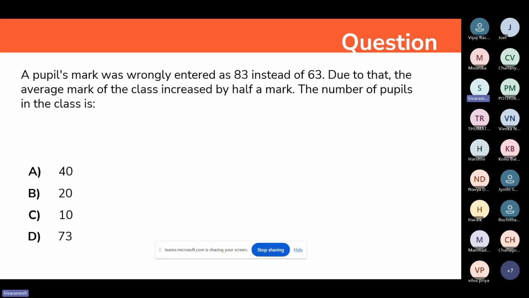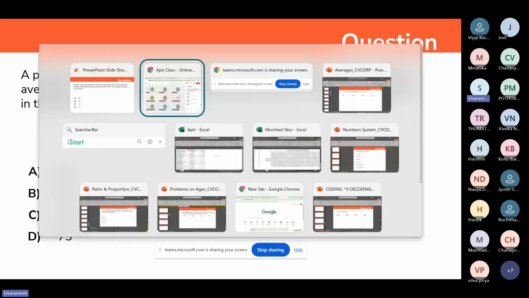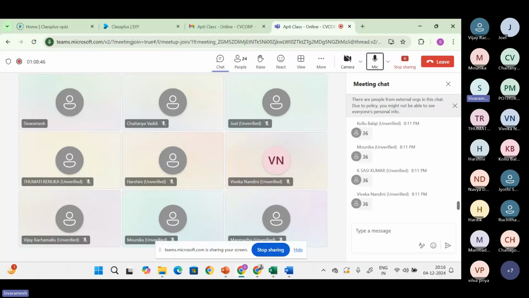Even if you search in Google, you will get the same type of question, but don't do that. You will get some kind of equation as an explanation. If you observe the logic, there is even no need to use pen and paper for this question. If you really understand the question, let's see how many of you solve.